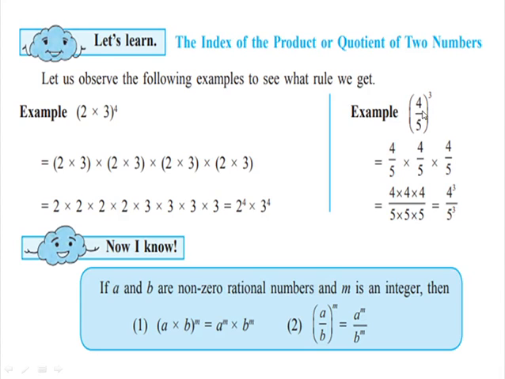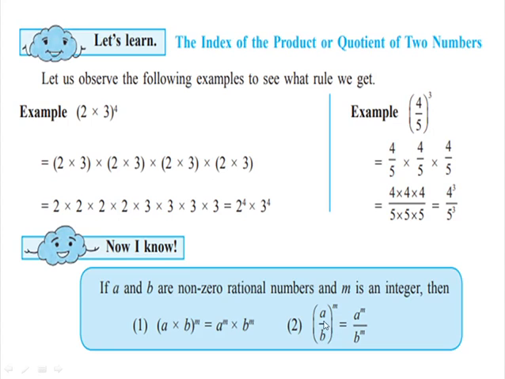Hence, if you look at the question and the answer, we will see that this index 3 belongs to both numerator as well as denominator, that is divisor and dividend both. Hence, 4 upon 5 whole raised to the power 3 is equal to 4 raised to 3 upon 5 raised to 3. Now from these two examples we conclude that if a and b are non-zero rational numbers, that is, the two numbers whose product is taken in the base should be non-zero rational numbers. Also in division, the two numbers which you are taking as divisor and dividend should be non-zero rational numbers.